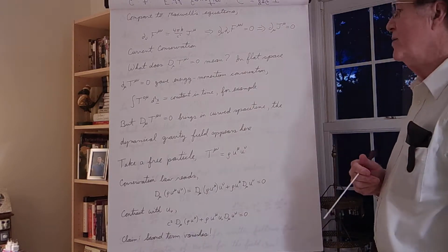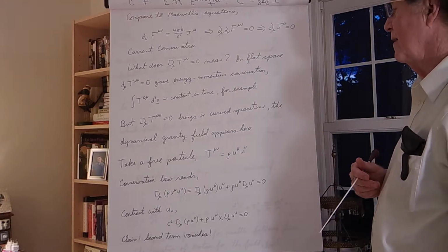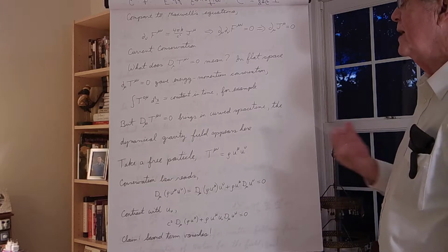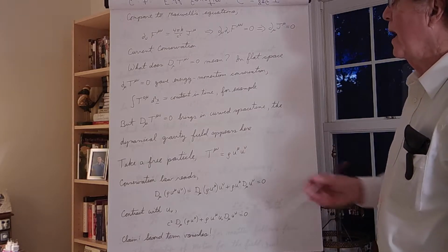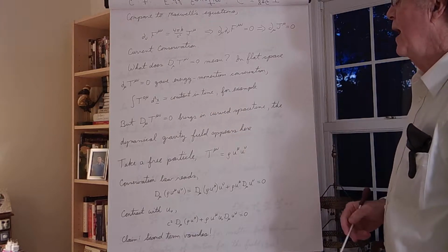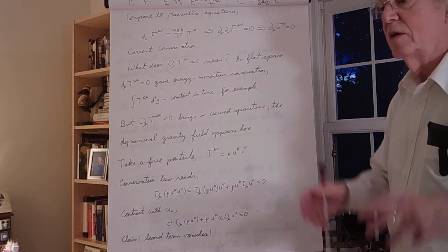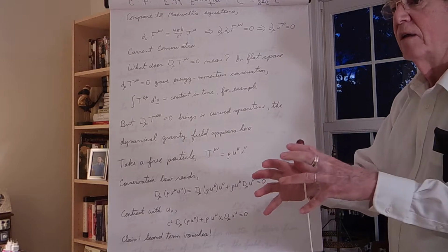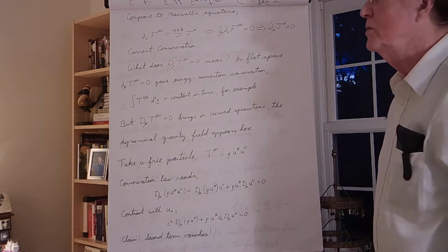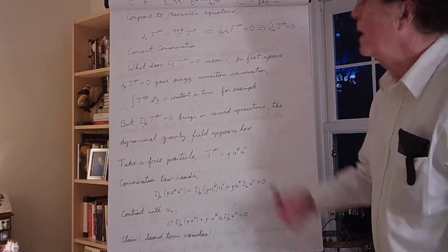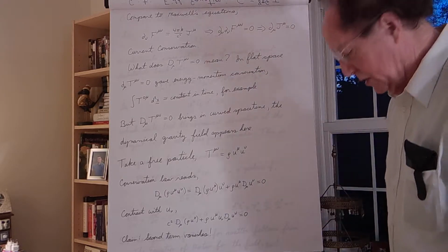Look back at your notes for the details of doing the proof. But that's the idea of it, and we get a conservation law, and that's critical. Energy is conserved. Energy can flow into a region and flow out of the region, but it'll do so in a conserved way. This equation is smarter than that.